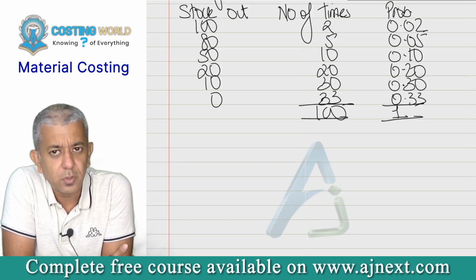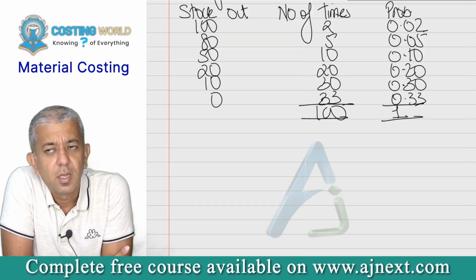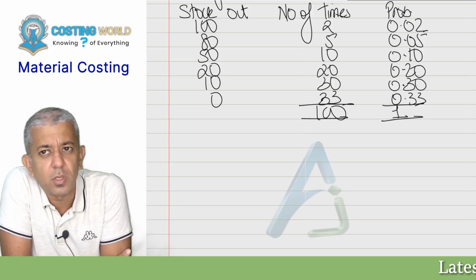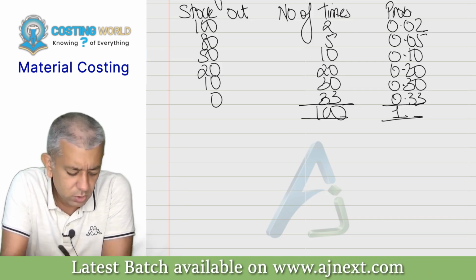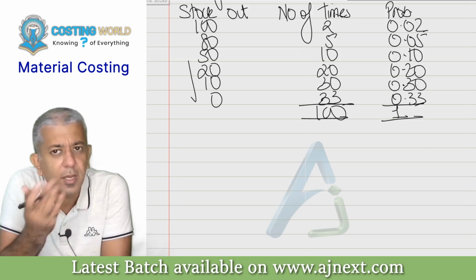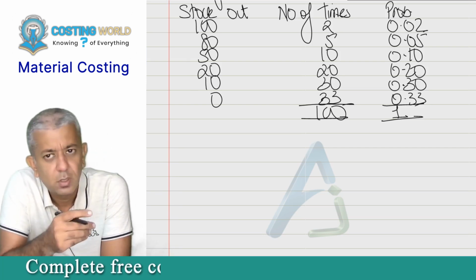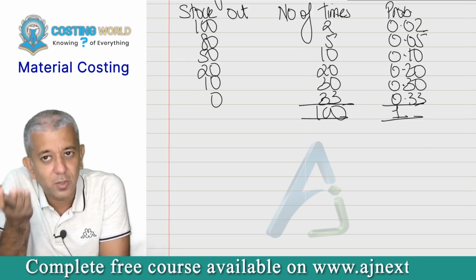So it did not happen, no? Means the demand exactly came equal to the stock that we all had. So stock out did not happen. So this is stock out of 0 units. So therefore it did not happen, no? Okay, sir. It exactly means that particular thing only that you are saying here.